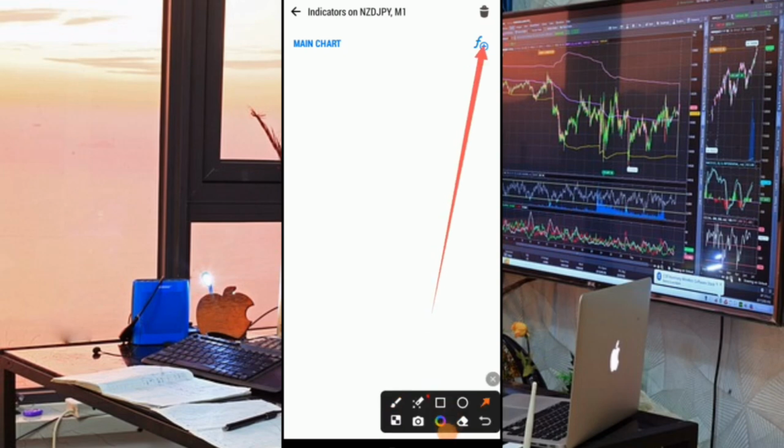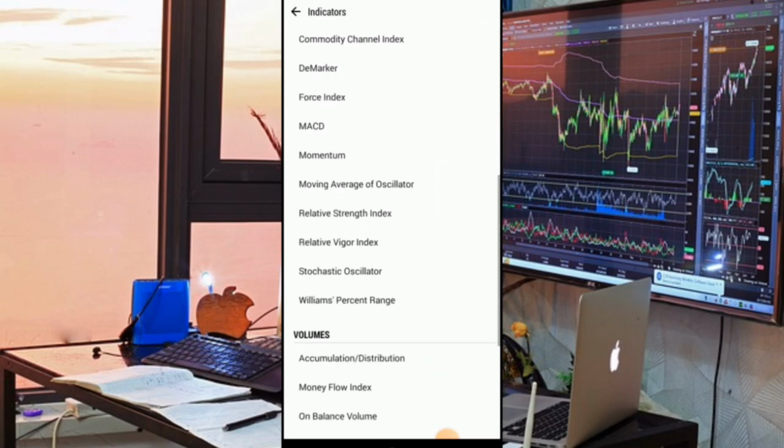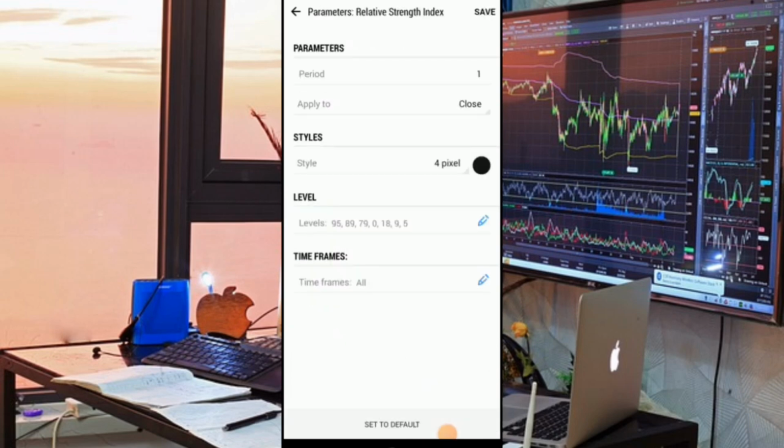On the main chart, you just press the F function over there and you go to relative strength index. Relative strength index is just this one over here. Once you click it, you are going to have to fill in exactly as I have done on mine. We are going to go to period 1, then apply to close.